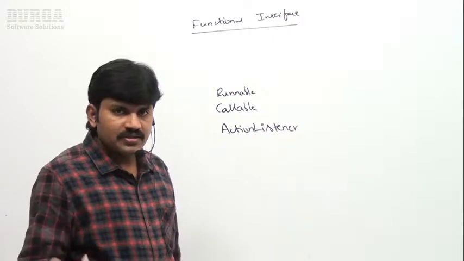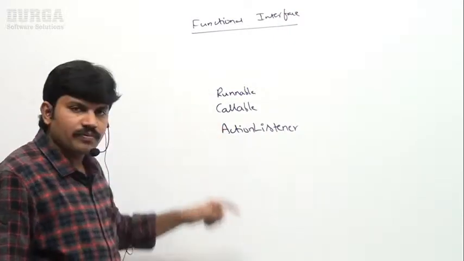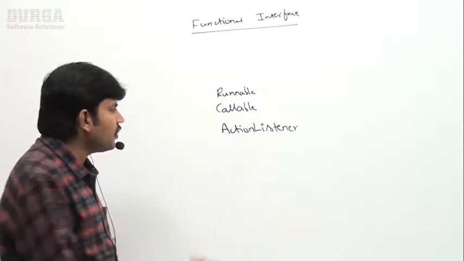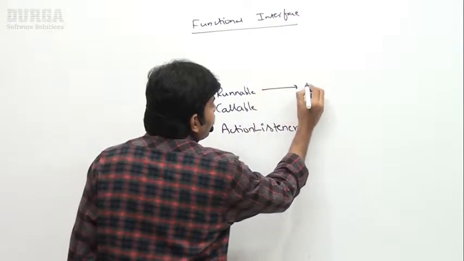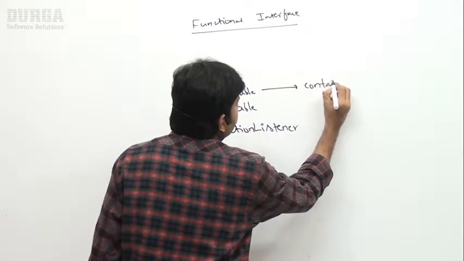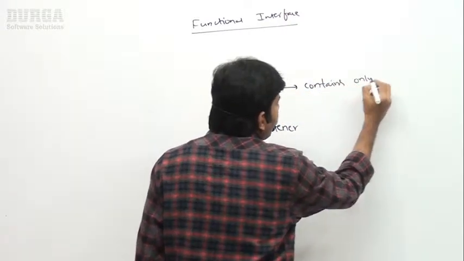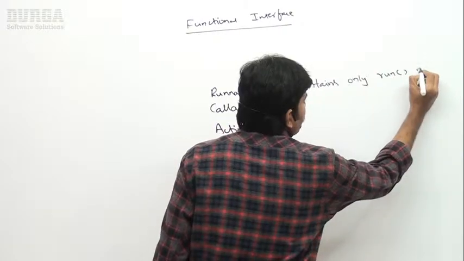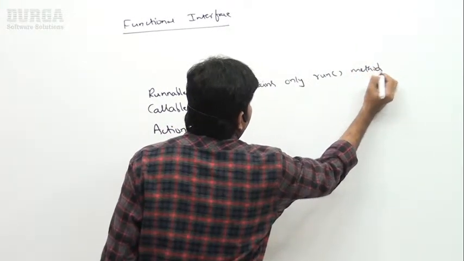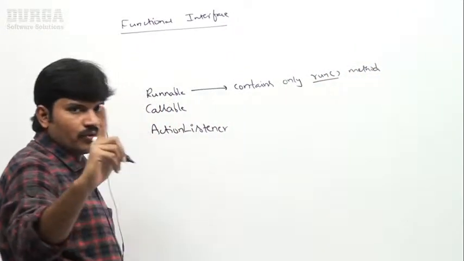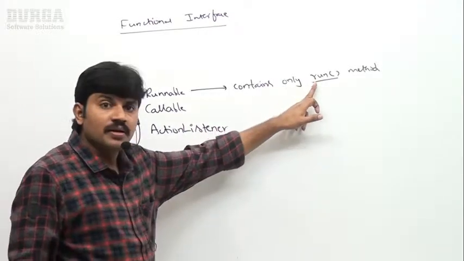Why am I saying these are functional interfaces? Very simple. Runnable, have you observed, contains only the run method. Runnable contains how many methods? Only one method, that method is the run method.